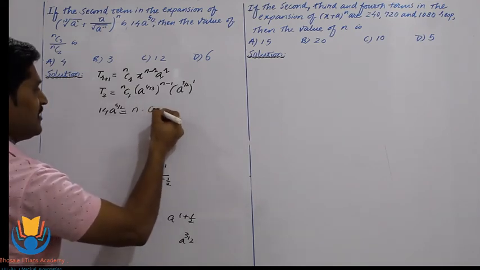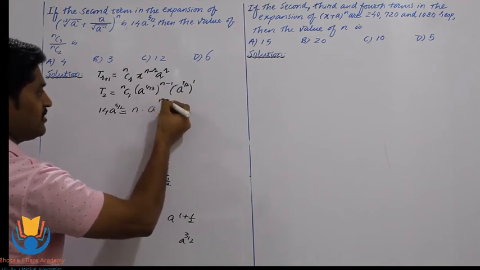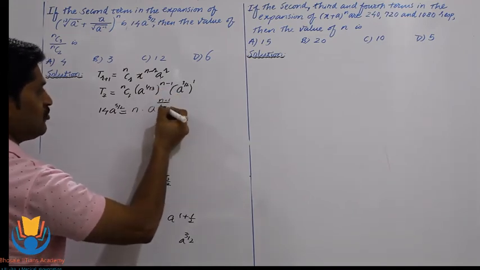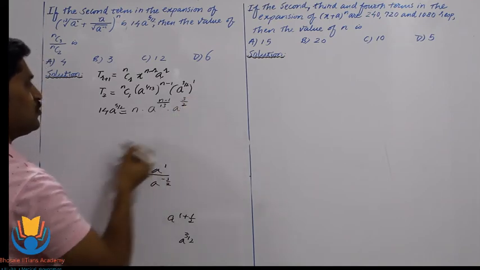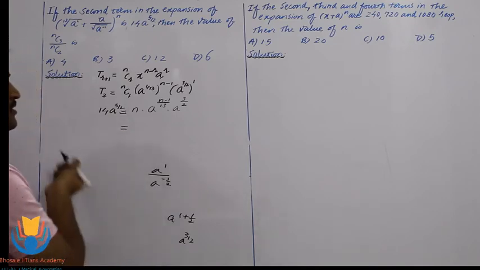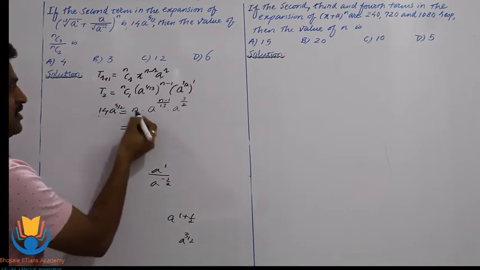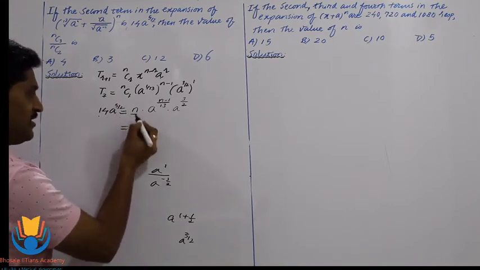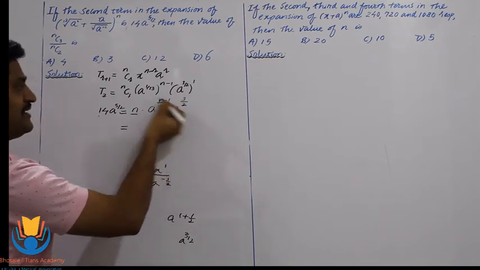So this a raised to n minus 1, that whole upon 13 we can write, and a raised to 3 by 2. And there are two ways to compare: either we can compare the coefficient of a raised to 5 by 2, and here that coefficient is n, or we can simplify those two terms and we can compare the indices of n.